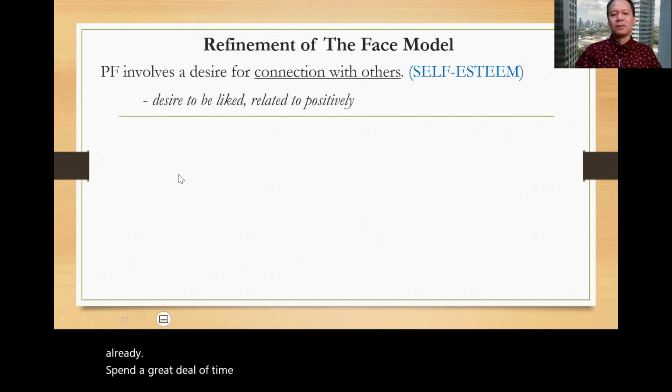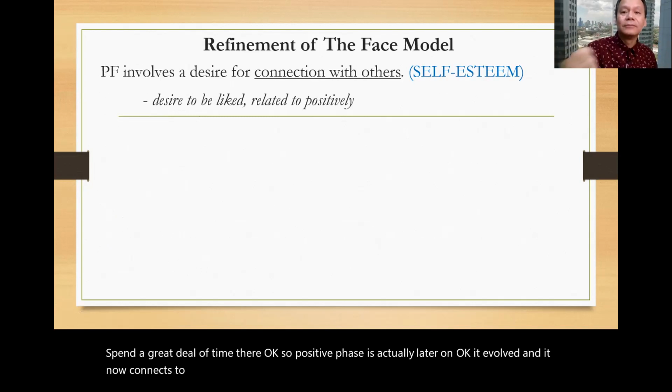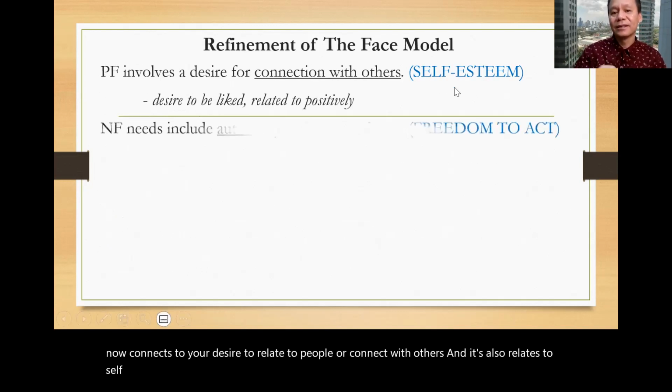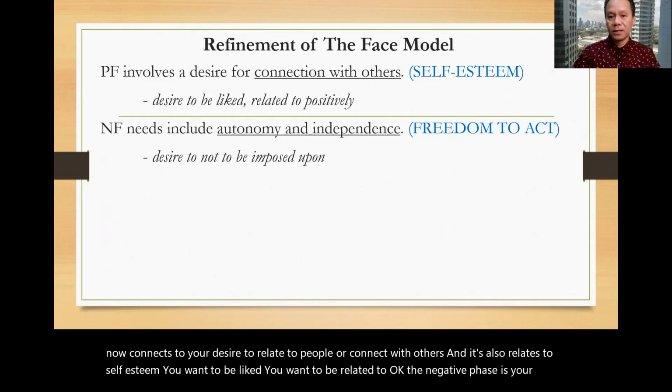Okay, so positive face is actually later on. It evolved and it now connects to your desire to relate to people or connect with others, and it also relates to self-esteem. You want to be liked. You want to be related to, okay? The negative face is your want to be independent.